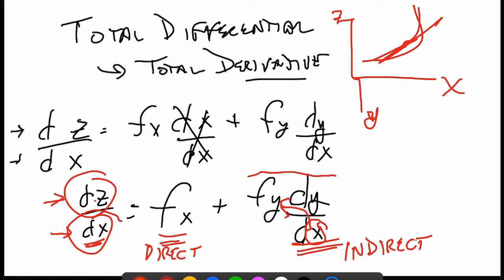So this is telling us about the fact that x and y are not independent of each other. There's a dependency between x and y. This is the effect that x has on z directly, and this is the effect that changing x causes a change in y, which causes a change in z.